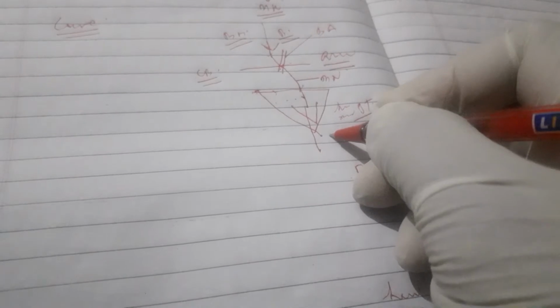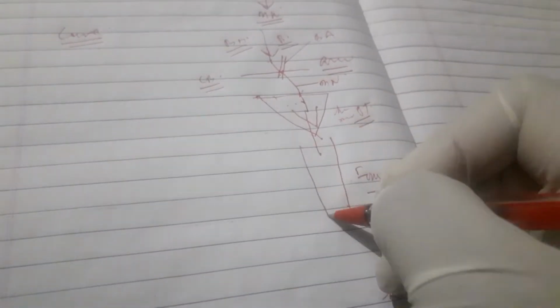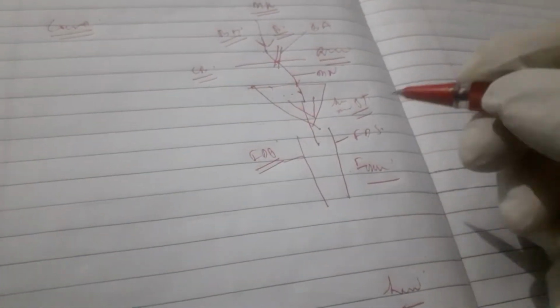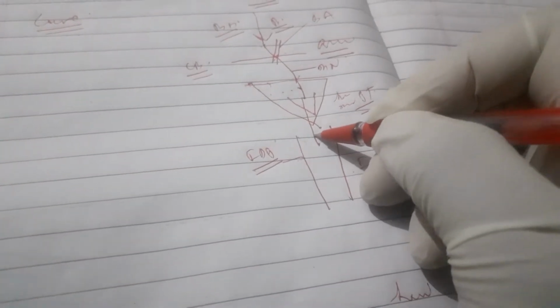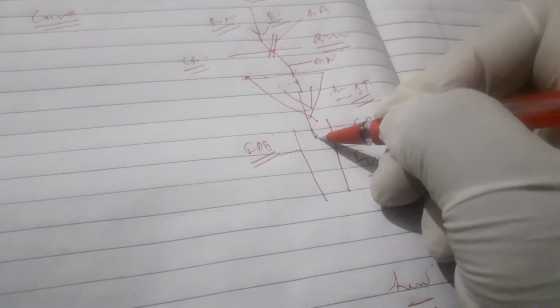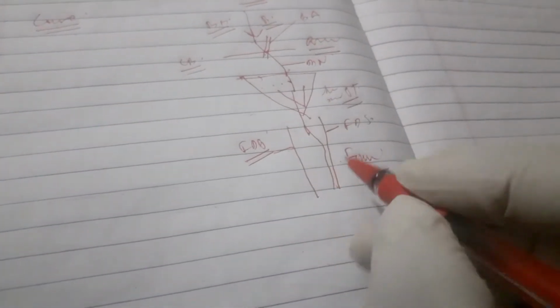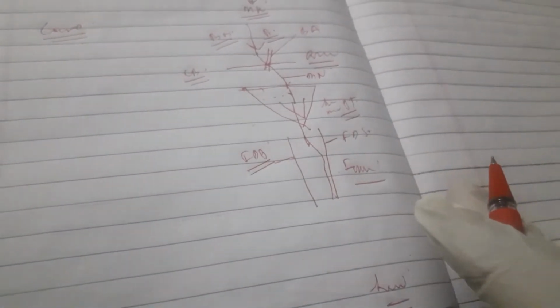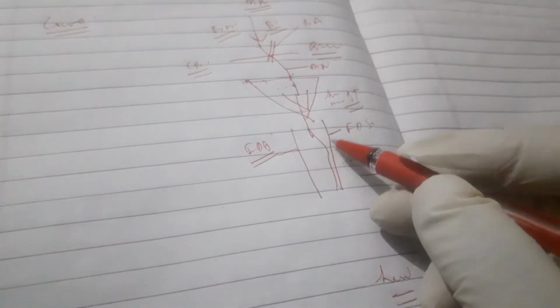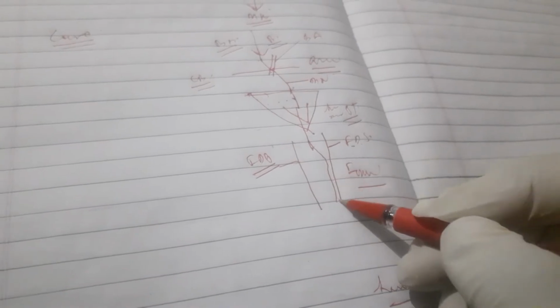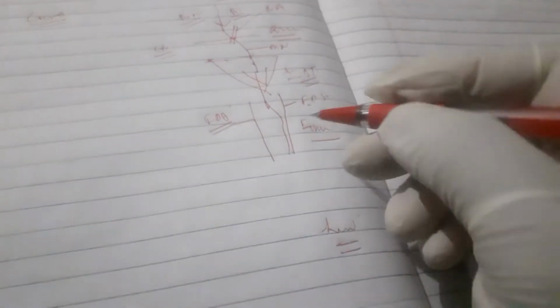Now it passes in between the flexor digitorum superficialis and flexor digitorum profundus. But it is adherent to the flexor digitorum superficialis, on the inner, deeper aspect of it.